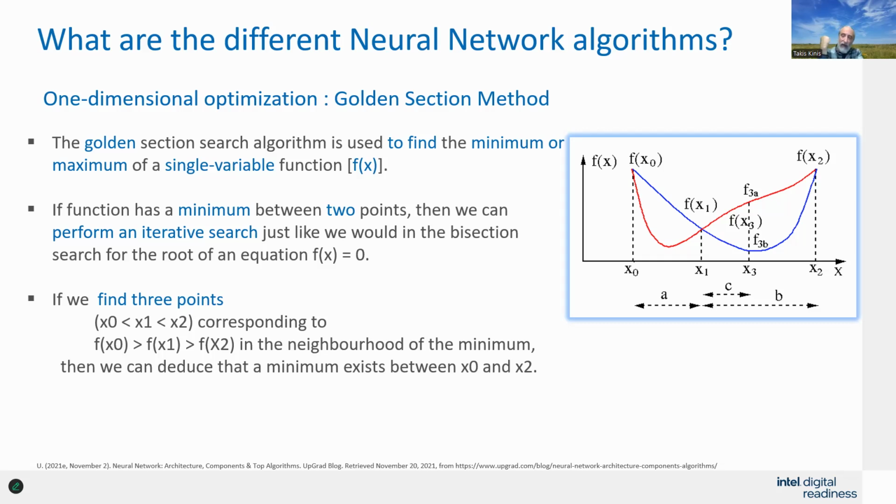If you look at these functions, there's one in red and one in blue, and you run it from one value to another. We don't know what x0 and x2 are. It could be anything, right? But as we're running it, at some point we find a minimum value of the curve, and that's really where the optimal solution is.